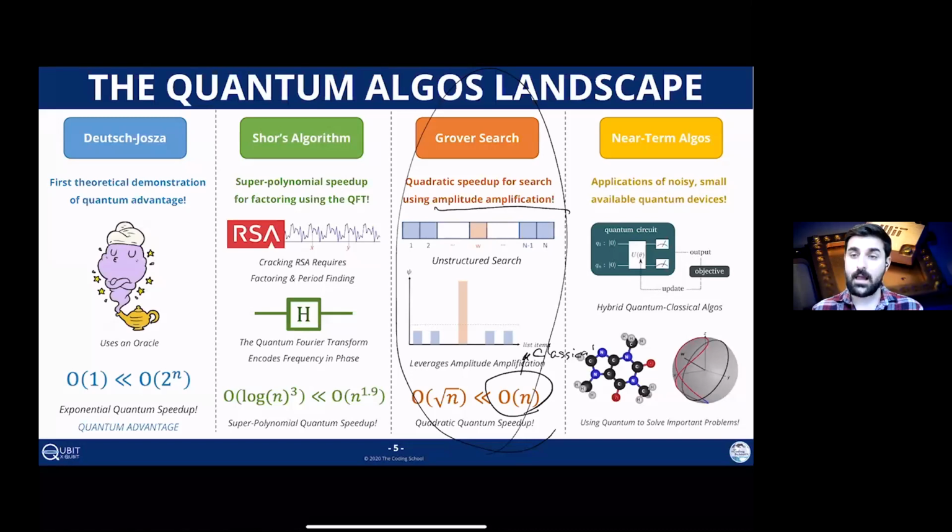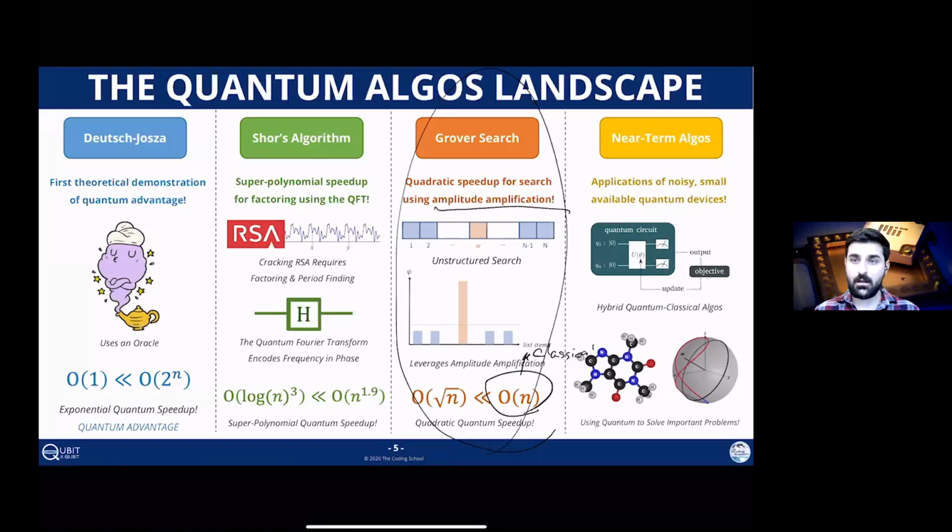Now, the last set of algorithms, which we're going to talk about 4 lectures from now, after our implementation lectures, are near-term algorithms. With near-term algorithms, we're trying to figure out what we can do with the noisy, small quantum devices that we have access to today. By noisy, I mean that the qubits aren't perfect; there is a probability of error.